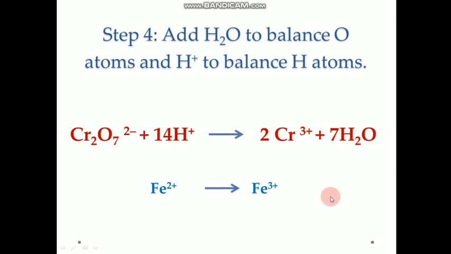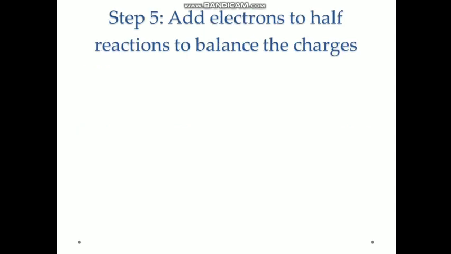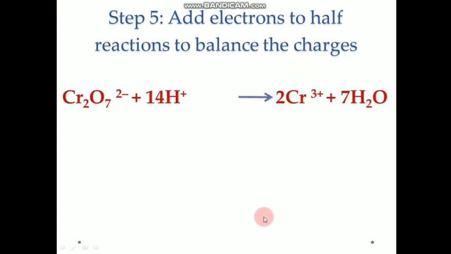Now what we need to do is balance the number of charges in both the reactions, in the oxidation and reduction parts. So the next step, step 5, is to add electrons to the half reactions to balance the charges. Let's see the first reaction: Cr2O7 2- plus 14H+ gives Cr3+ plus H2O.